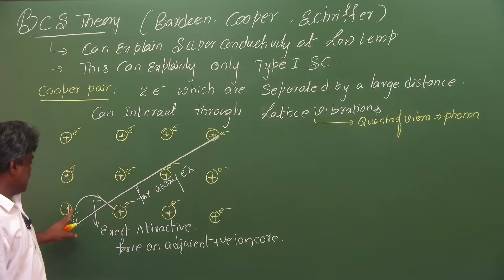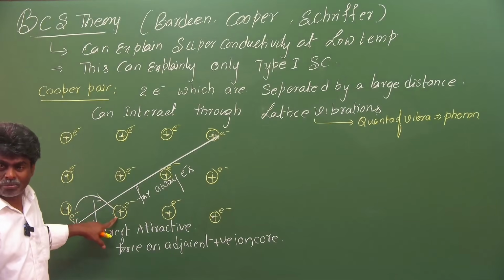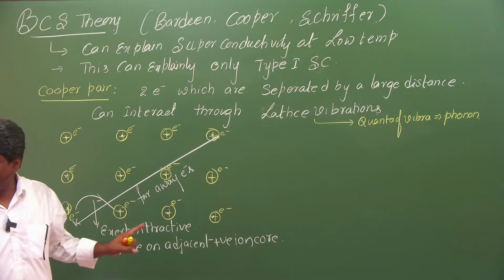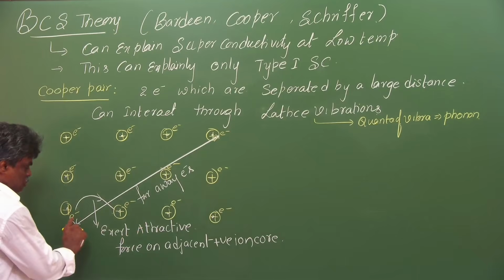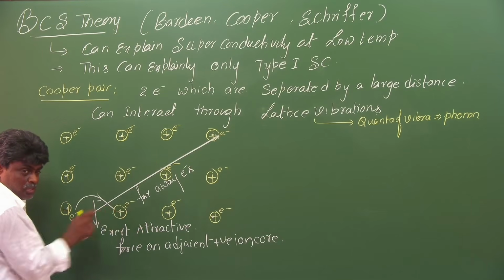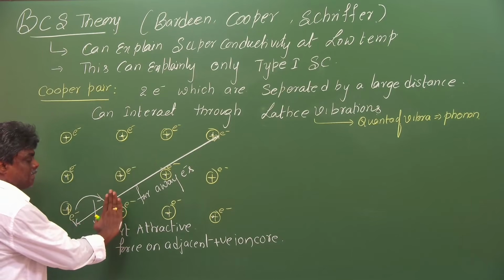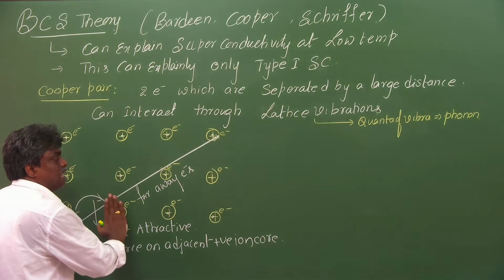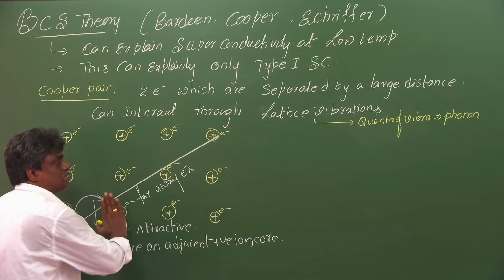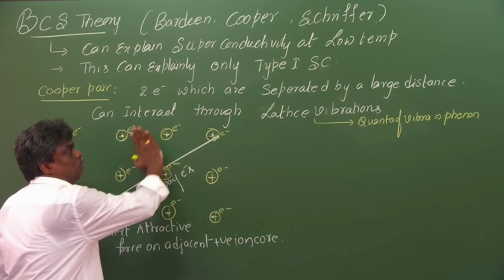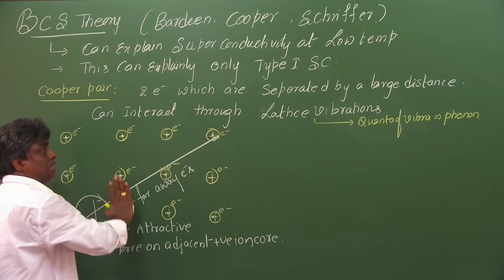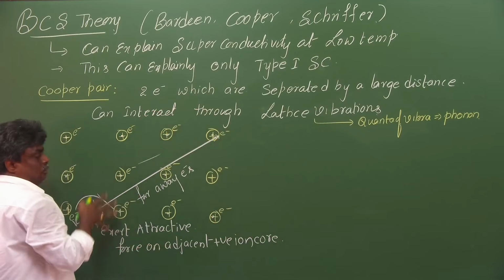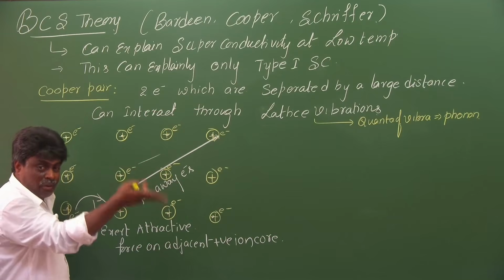Because adjacent to this electron we have a positive ion core, there definitely exists attraction. Then the lattice will be disturbed, and that disturbance is carried throughout the lattice through emission or absorption of phonons.